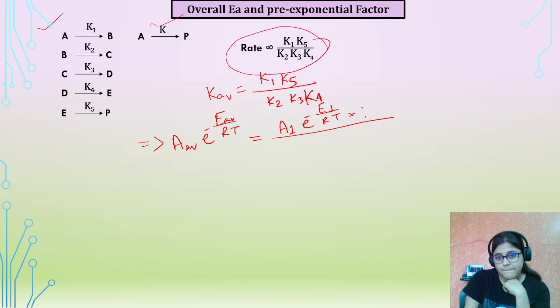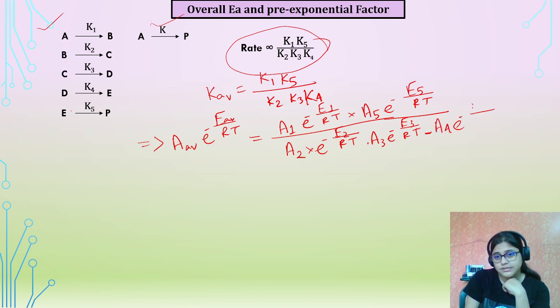I am putting in all the values just so you understand this. E5 by RT, here it will be A2 into e to the power minus E2 by RT, and again A3 e to the power minus E3 by RT into A4 e to the power minus E4 by RT.